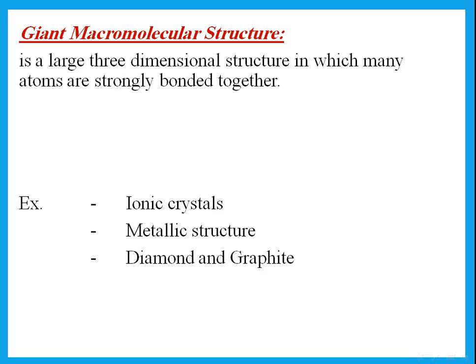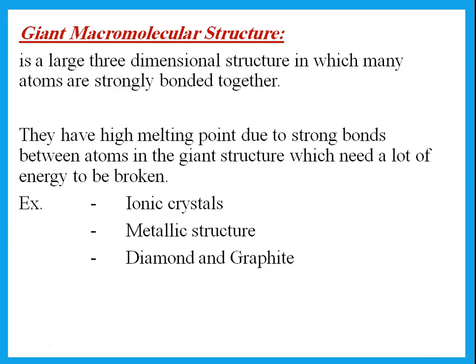The examples of giant molecular structure are ionic crystal lattice. Remember we said the ionic crystal lattice is a three-dimensional structure with many positive and negative ions. A metallic structure, the structure of metals, and we'll talk about that. And diamond and graphite are examples of giant structures, and we will discuss each of these in detail.